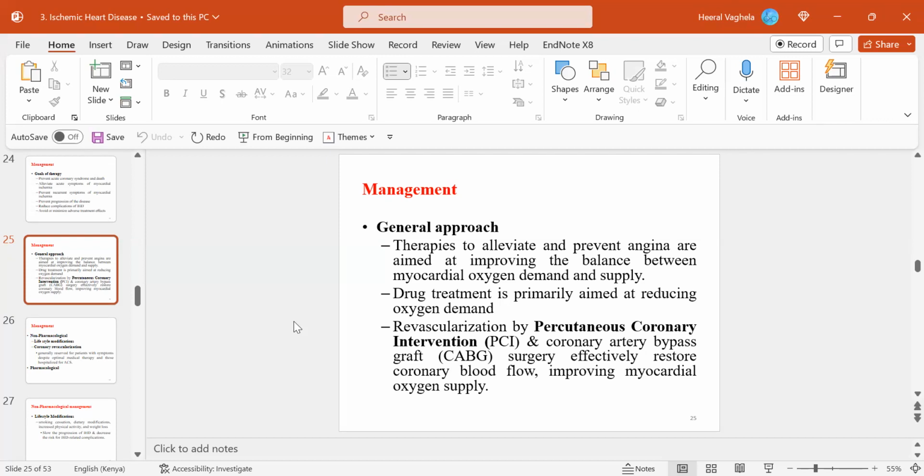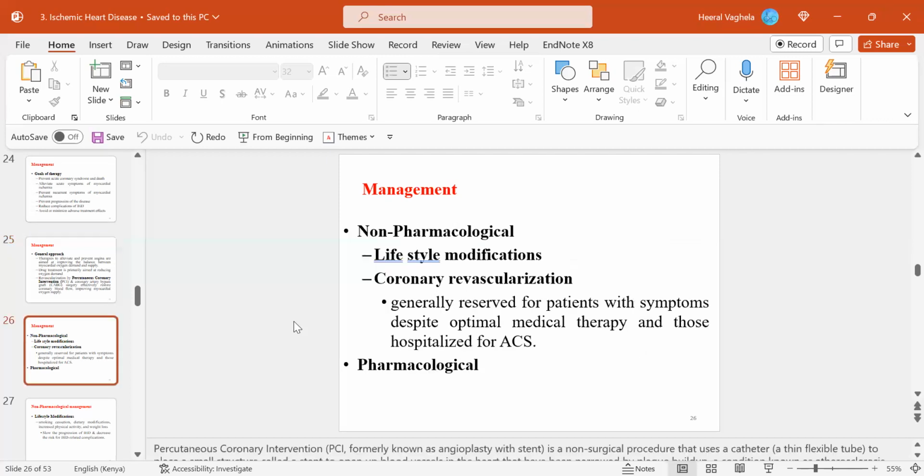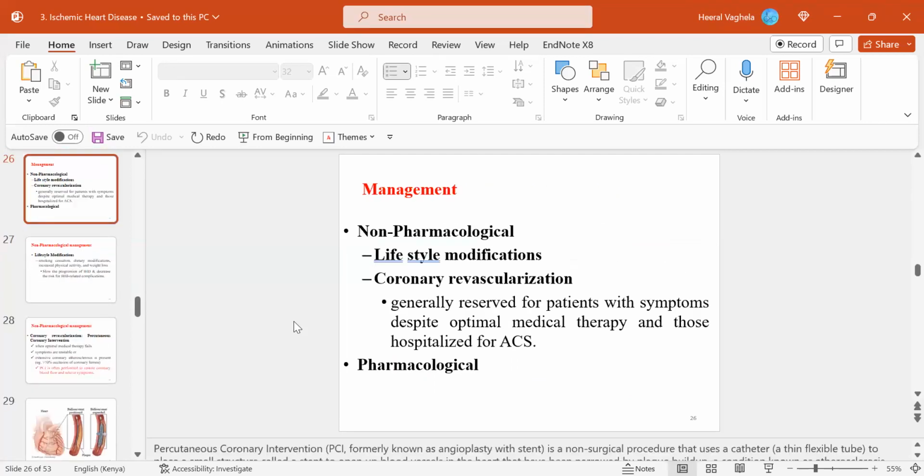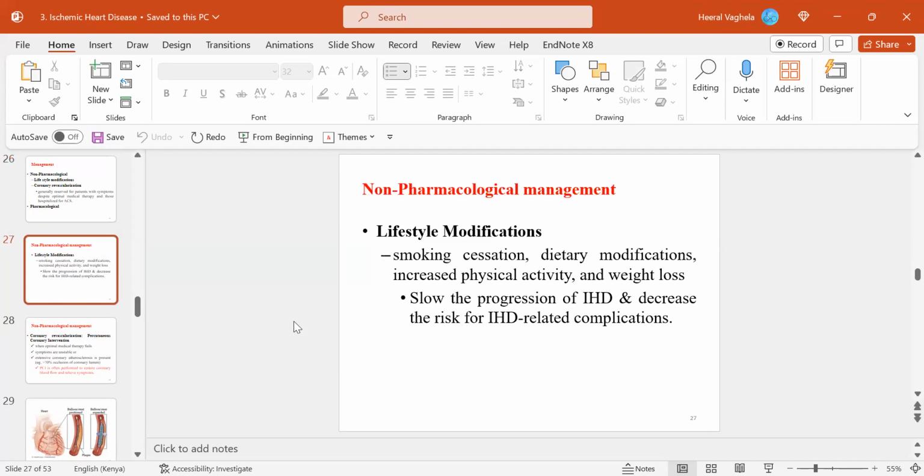But the main one is PCI. And non-pharmacological, of course, it's those usual ones: lifestyle modifications with dietary modifications, increased physical activity, but not to that extent, because we know that physical activity would worsen the symptoms of angina. Weight loss, of course, and smoking cessation.